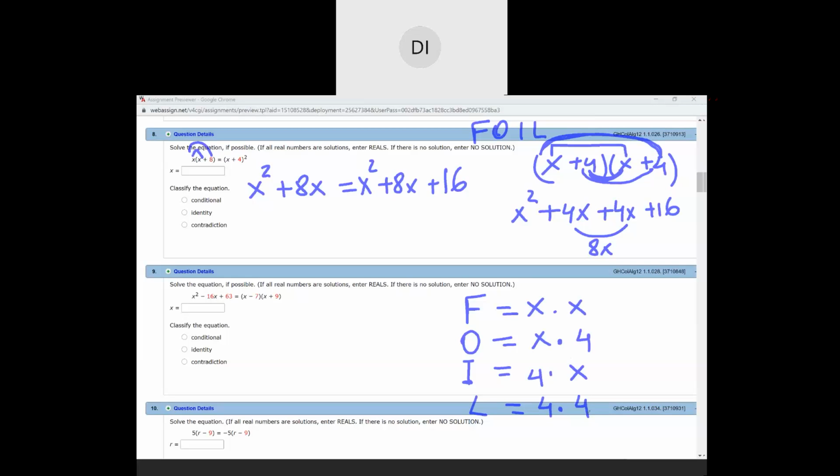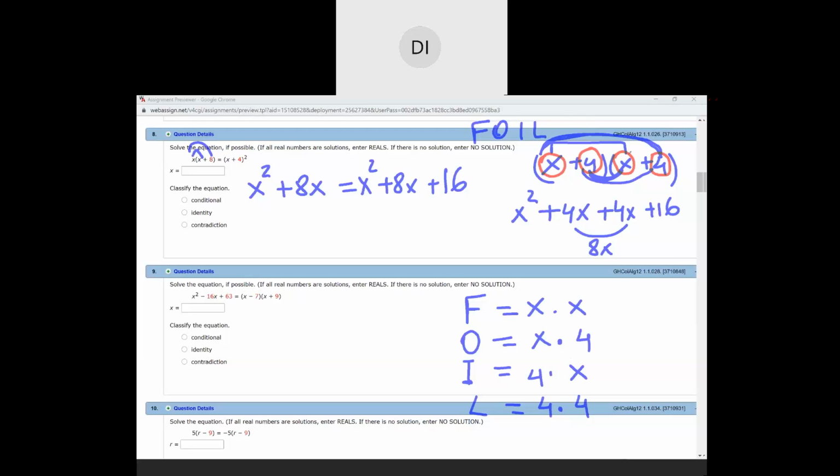Okay, if you have different numbers, you still have two terms, right? So this is one term, this is another. And the second parenthesis also has one term, another term. Obviously the number goes with the sign. So if it's positive 4, it's going to be plus 4. If it's minus, it's going to be minus.